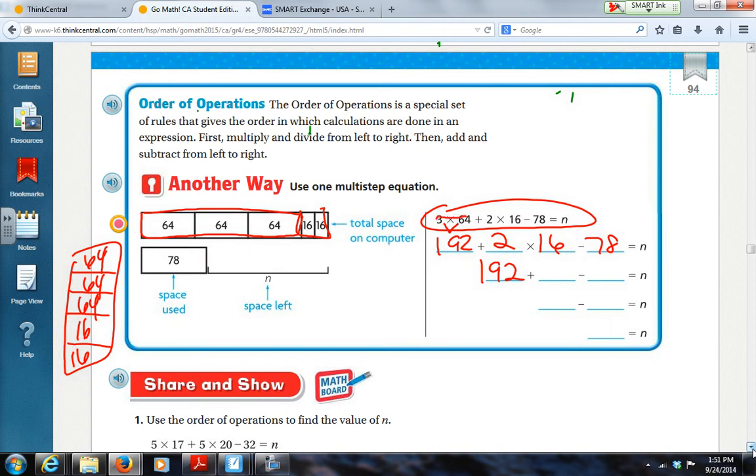Order of operations tells me to do what first, before I ever add or subtract?